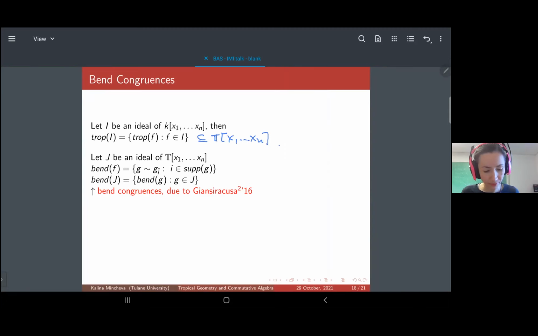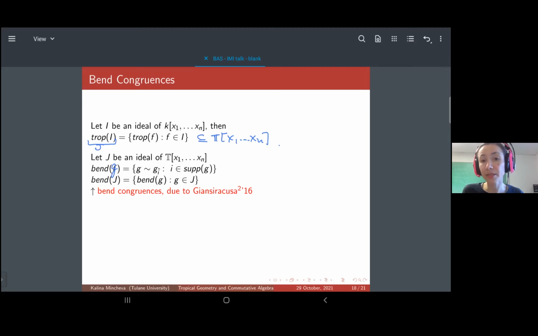So now instead of writing I, I am going to just say J. If J is an ideal in the polynomial semiring, I'm going to define something called the bend relation for a polynomial, and I'll give you an example. I'm going to say that my polynomial is congruent to itself with one monomial removed, and I'm going to do this for all monomials. And then I'm going to take the congruence generated by all of these bend relations.